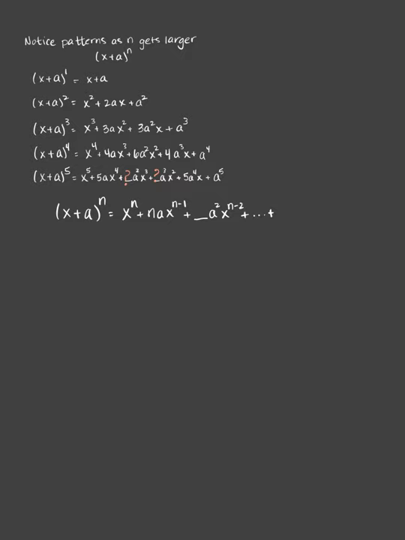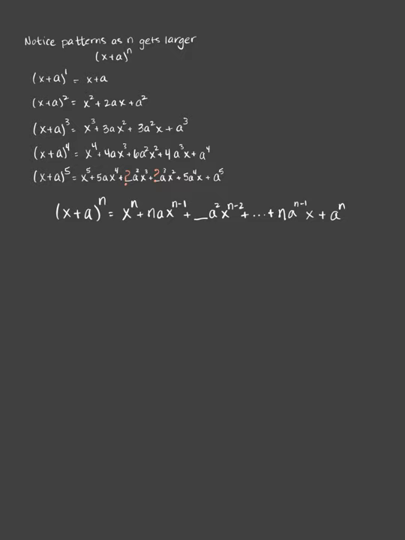This pattern repeats itself until we get to the second to last term, which will again have a coefficient of n. A will be raised to the n minus 1 power, so 1 less than n, and x will be raised to the first power. And finally, our last term is a raised to the nth power, for a total of n plus 1 terms.